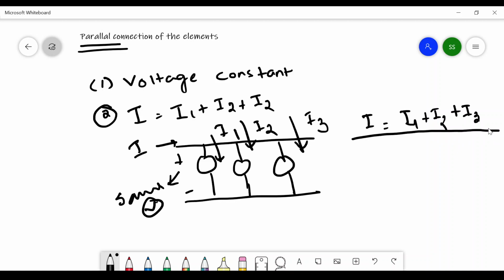These two important conditions have to be fulfilled.